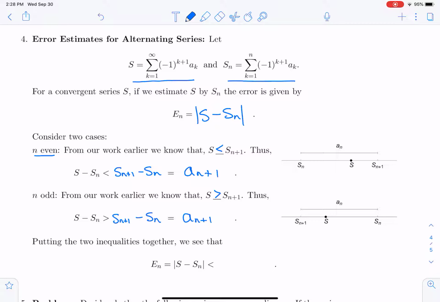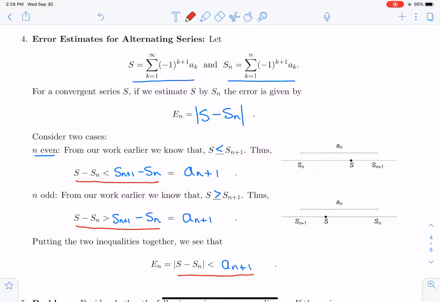And so we can put these two inequalities together, and we can see that the absolute value of S minus S sub n must therefore be less than a sub n plus 1, the n plus first term in our series. Essentially, we're looking at this inequality and that inequality, and when we combine them, that's how we end up with the absolute values.